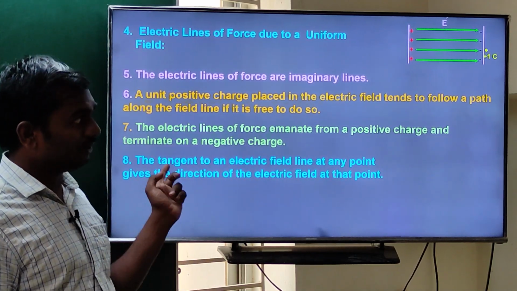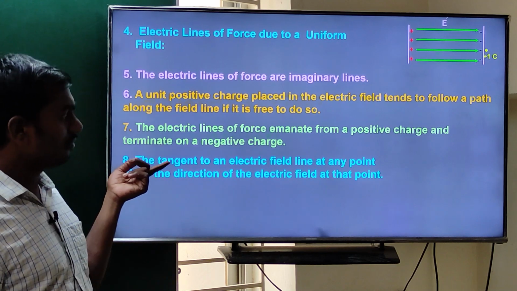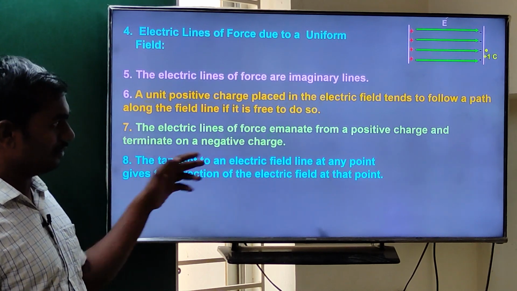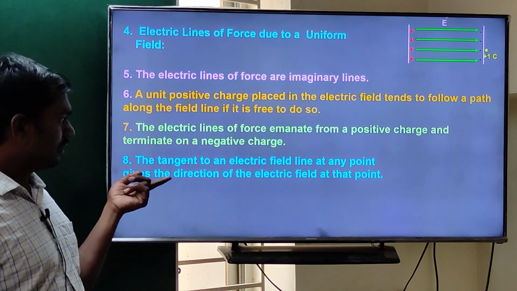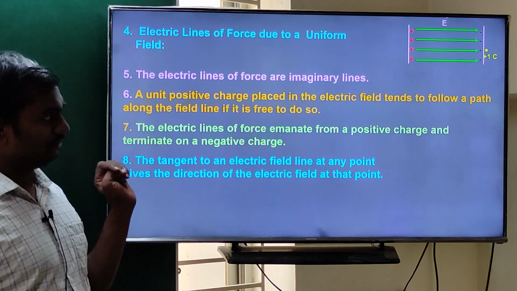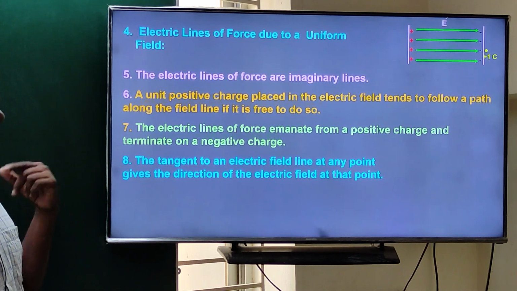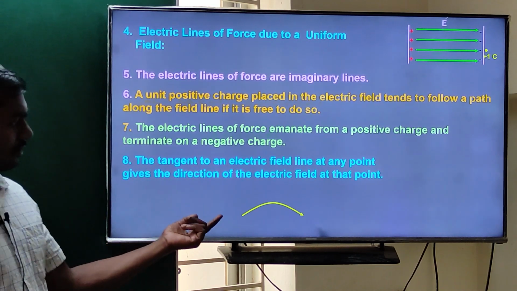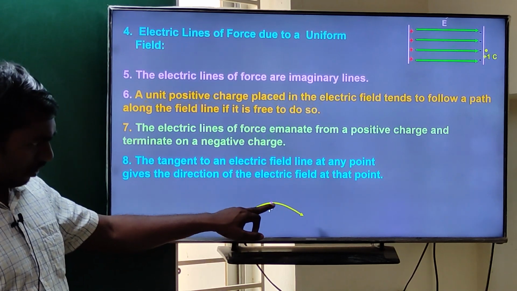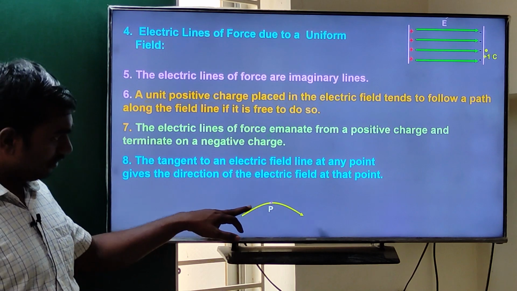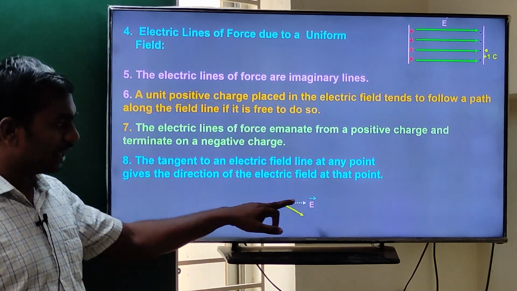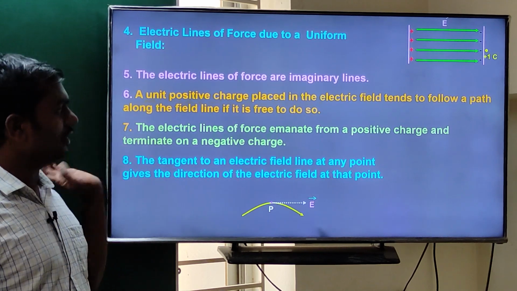But if it is curved, the direction can be easily obtained by drawing a tangent at any point in the electric field. This is the eighth point. If the electric field line is curved at point P and you want the direction of the electric field, you have to draw the tangent. This tangent gives the exact direction of the electric field line.